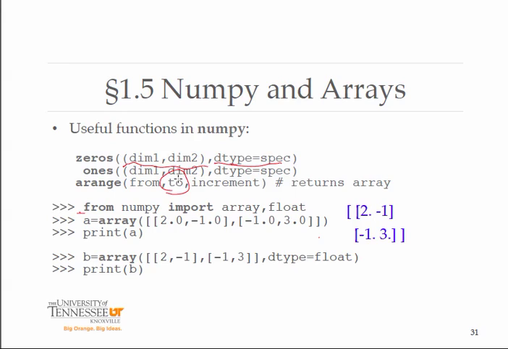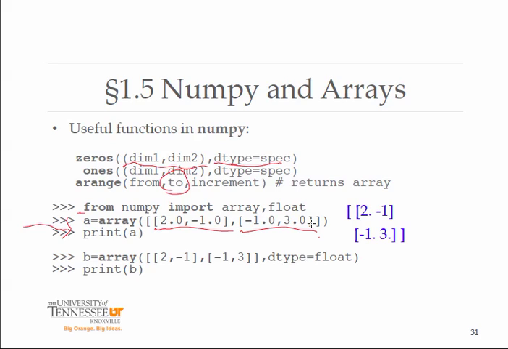After doing that, we can call the array function, which is indicated in this next line. And you'll notice that the input to the array function are lists. So in this particular case, you have two lists. Each list is delineated by square brackets, and you've got two of them. A comma separates the two.